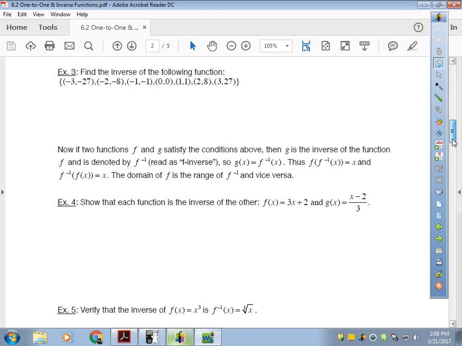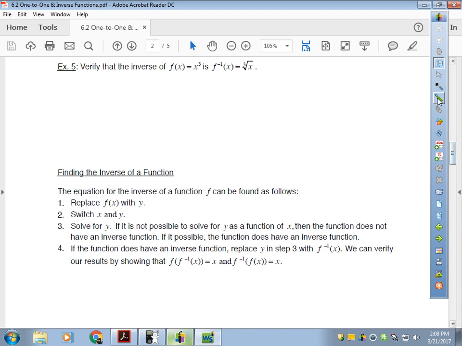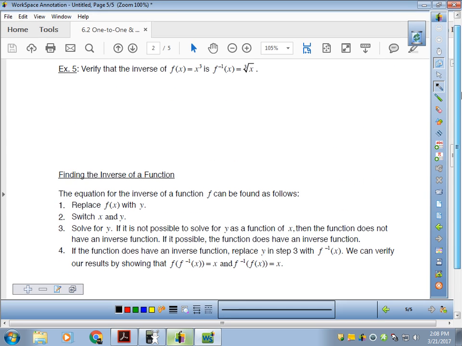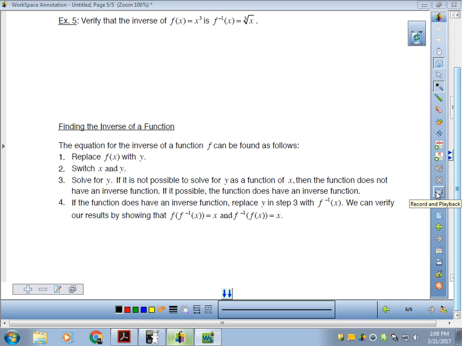Let's do another one with a slightly different notation. Example 5 asks us to verify that the inverse of f of x equals x to the third is f inverse of x equals the cube root of x. So the first thing we're going to do is f of f inverse of x.